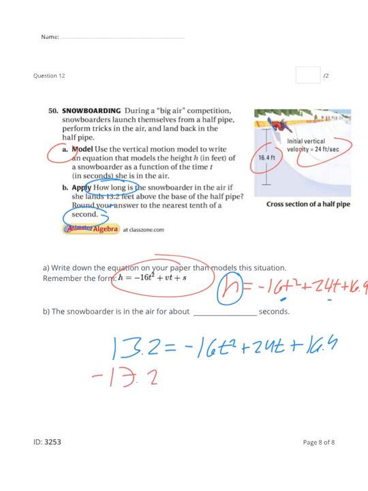So first we subtract 13.2 from both sides. Let's get 0 equals negative 16t squared plus 24t, and then plus 3.2. And then from there I can pick out a, b, and c, and I could use the quadratic formula.